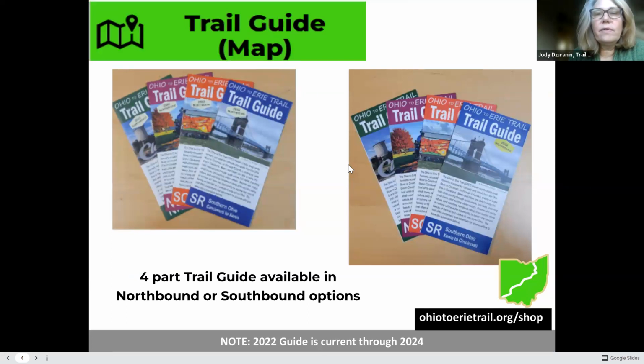Okay, this is an overview of our 4-part map set. Our map was printed in 2022, and it's current through 2024. In other words, we don't expect trail sections to open that aren't already marked on here.